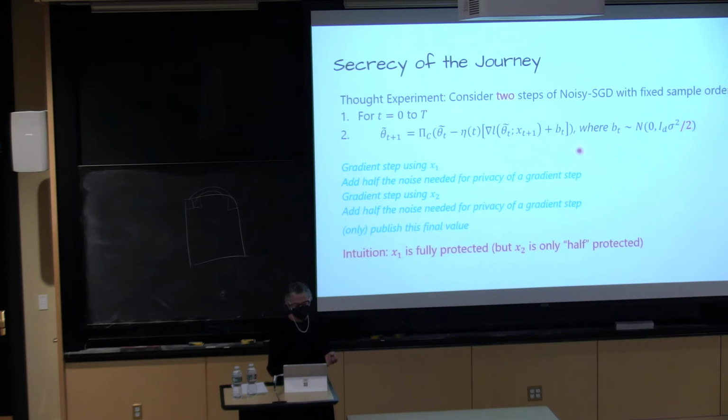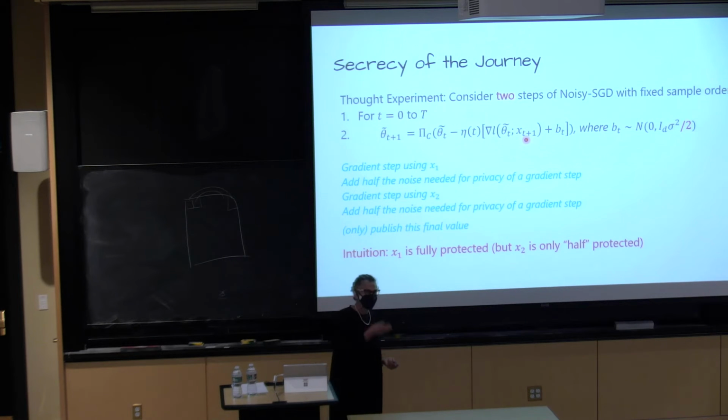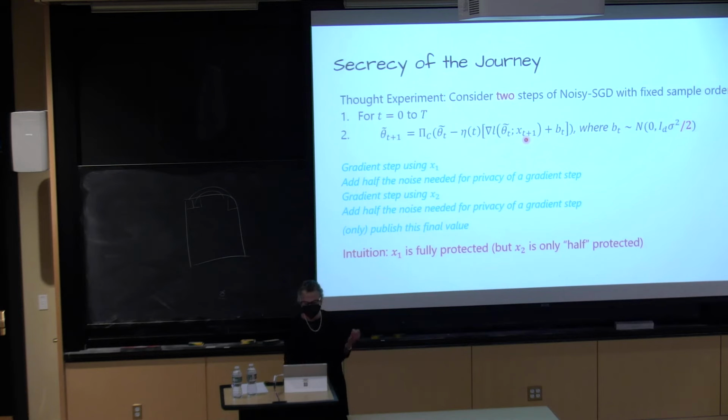And instead of adding all the noise that we actually need in order to maintain proper privacy for x1, we're going to add half the noise that we would need. We're scaling the variance by a factor of 2. Okay?